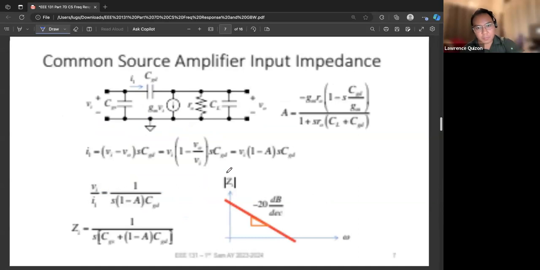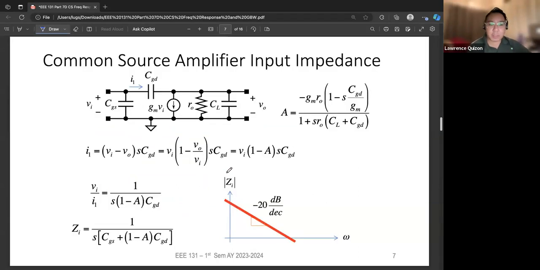All right. So, deriving the input impedance, well, you can easily get this by doing the KCL at the input, no? You can derive the fact that the input impedance actually becomes 1 minus A through this series of manipulations. So we have (V_in minus V_out) times s CGD, over 1 over s CGD.